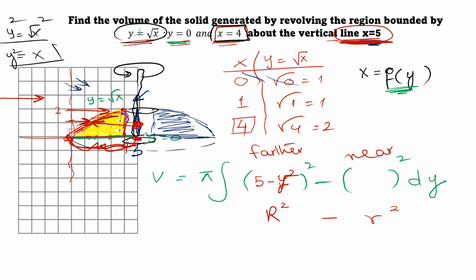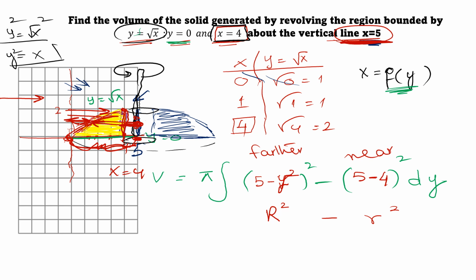The nearest part is this line, x equals 4. So from the axis of revolution till the origin the value is 5 minus, but the inner region is only 4. So 5 minus 4 whole square. So the farthest region power 2 minus the inner or closest region power 2.